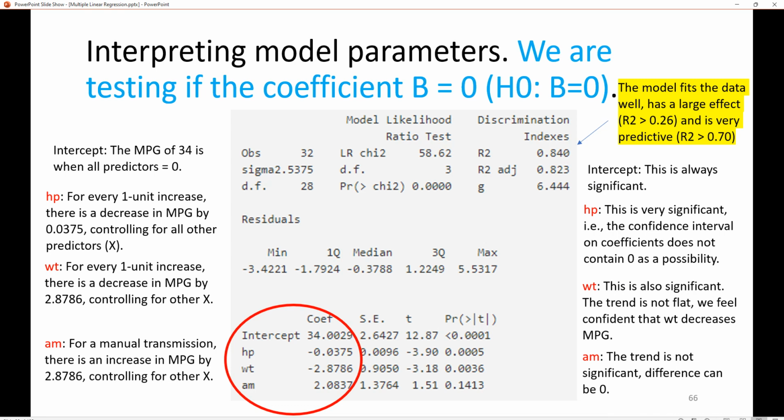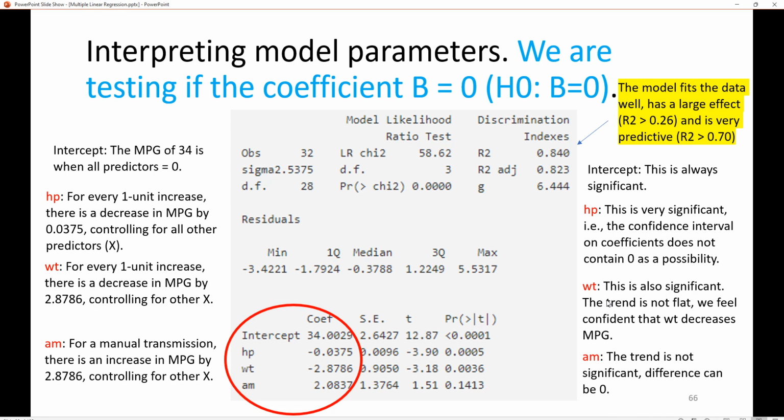But within that normal range, we don't expect to see 0 as one of those values. So in other words, we would reject our null hypothesis that beta equals 0. We don't expect that there to be no effect between high or low horsepower cars.